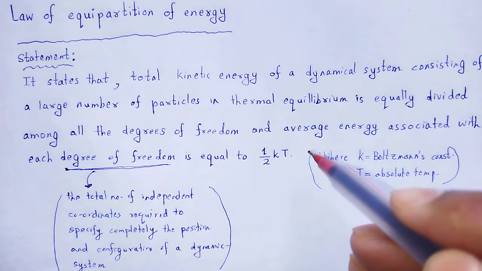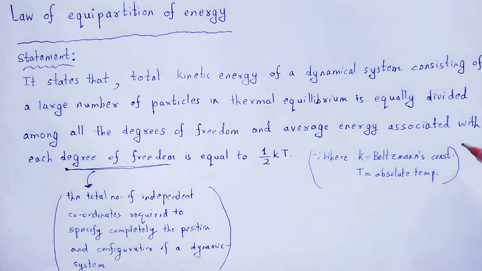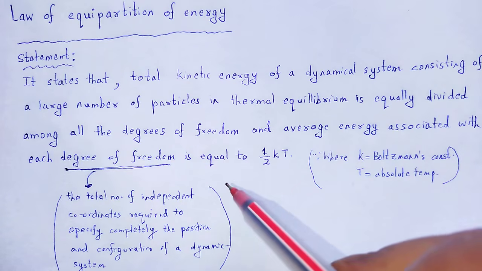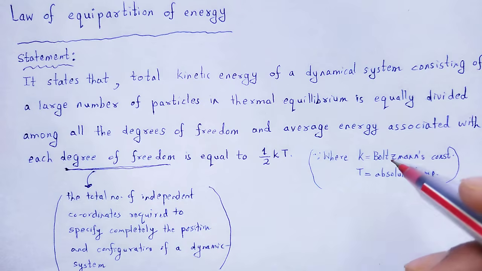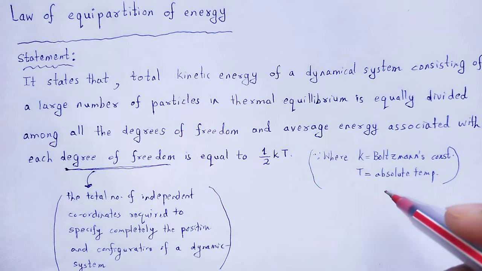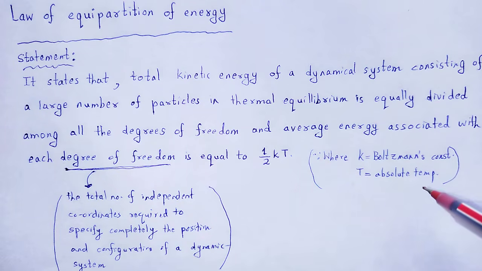So the average energy associated with each degree of freedom is equal to half kT, where k is the Boltzmann constant and T is the absolute temperature.